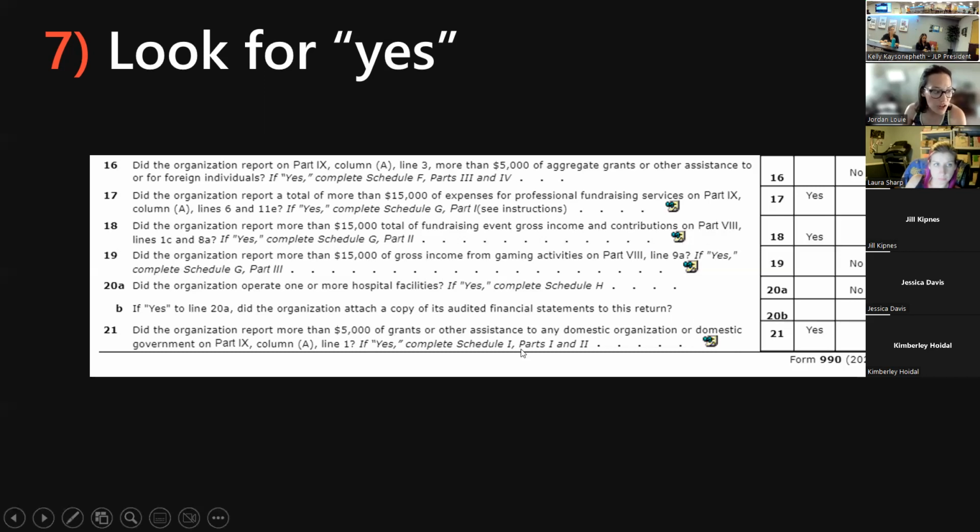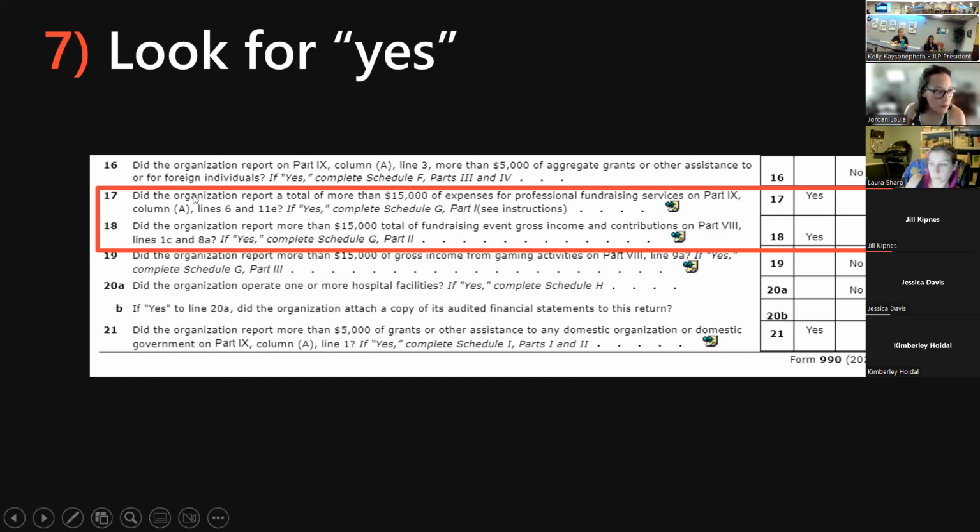So within JLPs, did the organization report a total of more than $15,000 for professional fundraising expenses? If yes, which you said yes, you have to fill out Part 9, column A. If yes, from Part 9, go fill out Schedule G. That's at the very end. All the schedules are down at the very end.